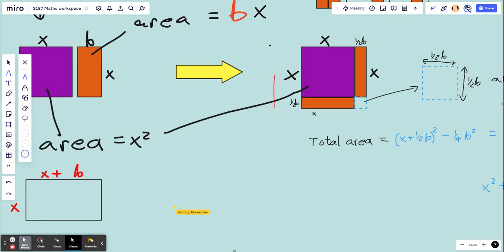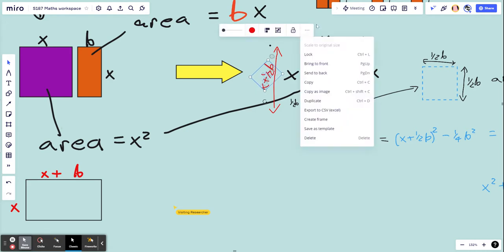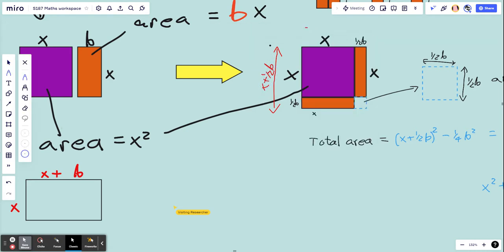So the height of this nearly a square is x plus half b, multiplied by x plus half b. So that would be a square, but it's not quite complete.